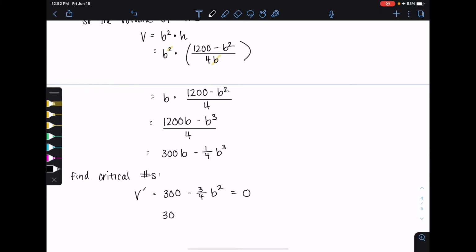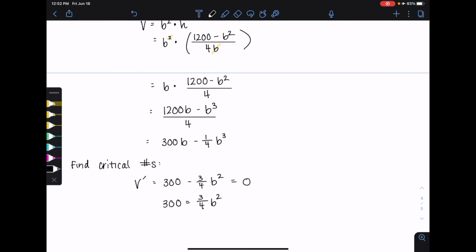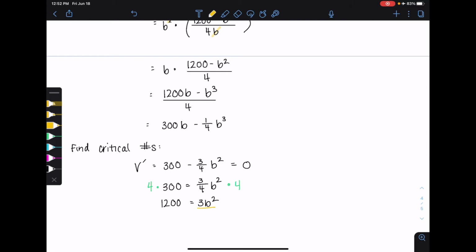So that gives us 300 equals 3/4 b squared. Now we can go ahead and multiply both sides by 4 to wipe out the fraction. So 1200 is 3b squared. Divide by 3 to give us 400 is b squared.